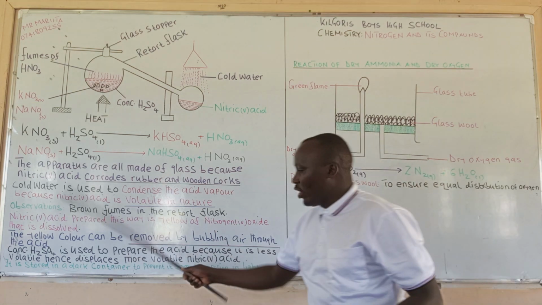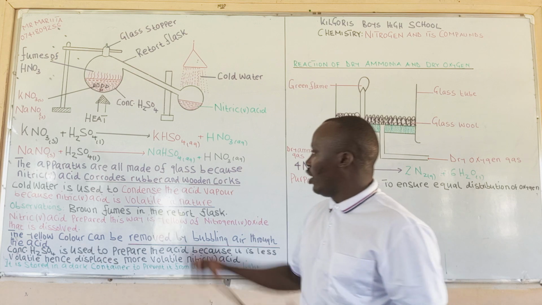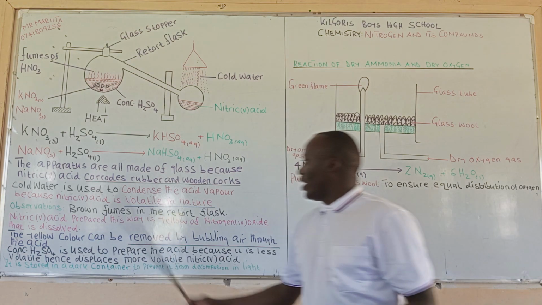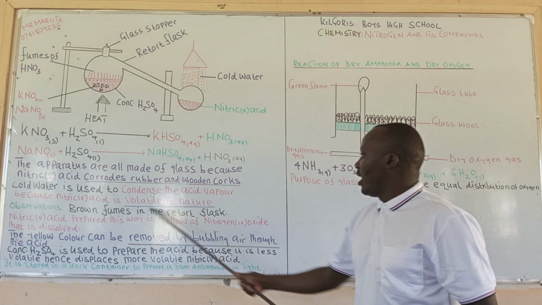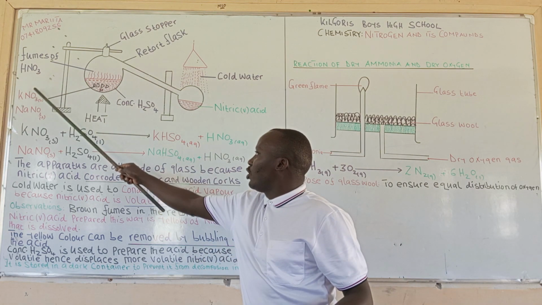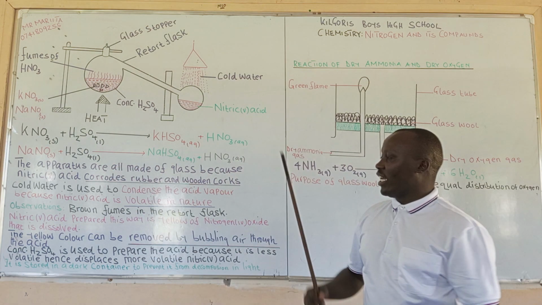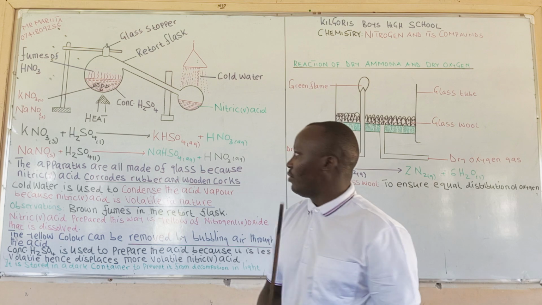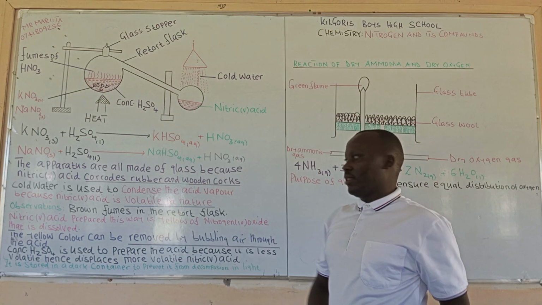And again, what are some of the observations that you can make in this retort flask? The observation you can see is brown fumes in the retort flask. The brown fumes are there because either potassium nitrate or sodium nitrate reacts with the concentrated sulfuric acid, and then you have the fumes of nitric acid.